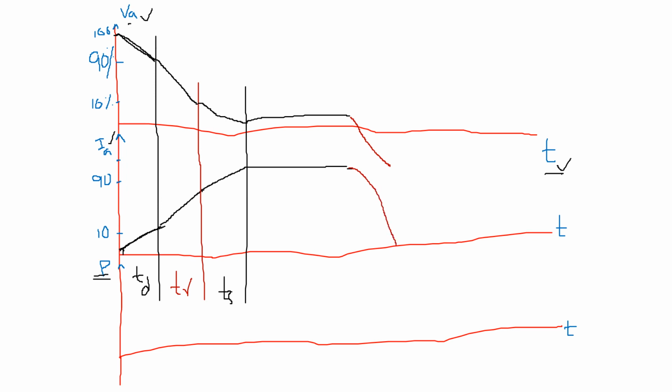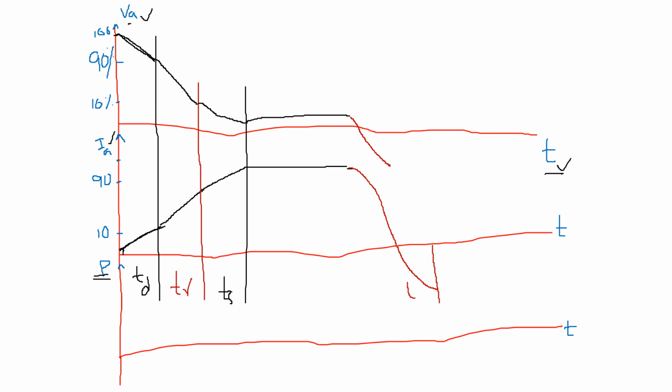Due to the presence of charge carriers at junctions J1, J2 and J3, we have current in the negative direction. At this moment, the charge carriers at junctions J1 and J3 get removed.